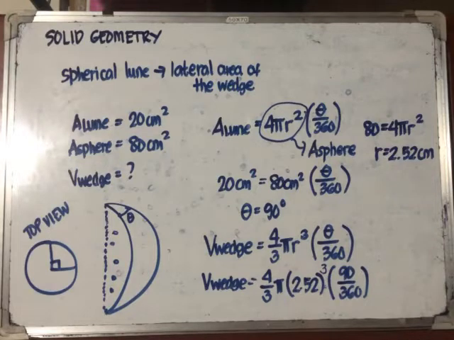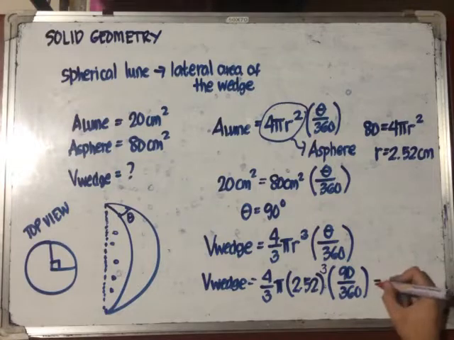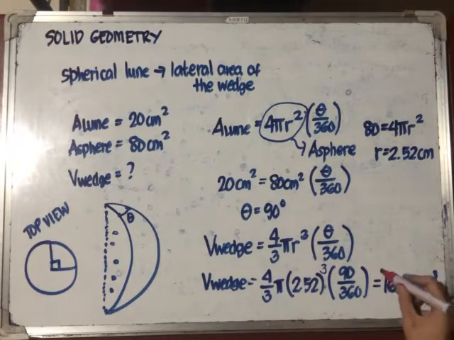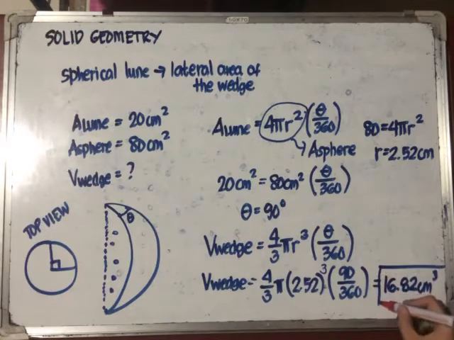There should be a cube there. So, that would give you 16.82 units cubic centimeters. Right. That's all for our sphere.